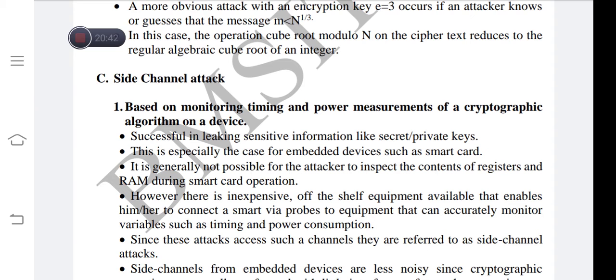Generally it is not possible for an attacker to inspect the contents of the registers and RAM during the smart card operation. However, there is inexpensive off-the-shelf equipment available that enables him or her to connect a smart device via probes to equipment that can accurately monitor variables such as timing and power consumption.